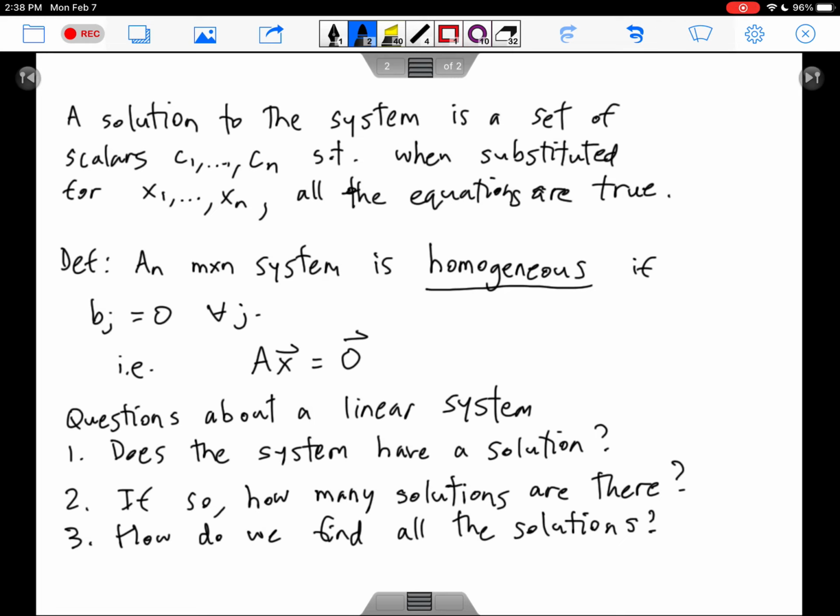So that's kind of the purpose here of the next couple sections, is to build a machinery so that we can answer all of these questions for any system.